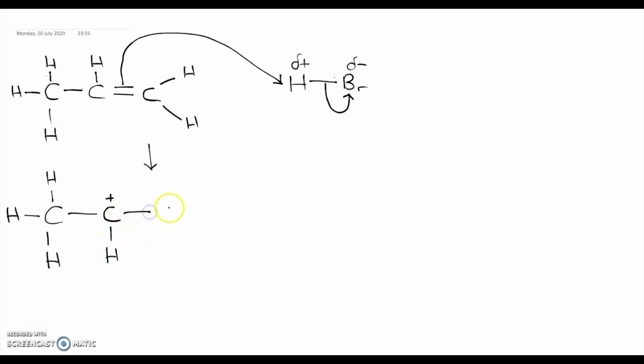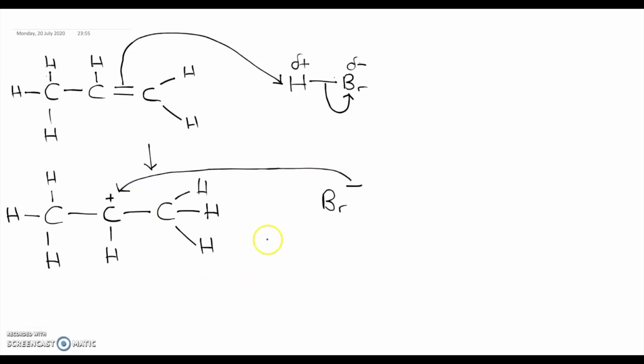I'm going to then have a CH3 attached to this carbon, because remember it was CH2, but a dative bond has formed between the pair of electrons from the double bond, the pi electrons, and the H+ from the HBr. And therefore I have an intermediate which is classed as a secondary carbocation, because there's 2 alkyl groups attached to the carbon with a positive charge.